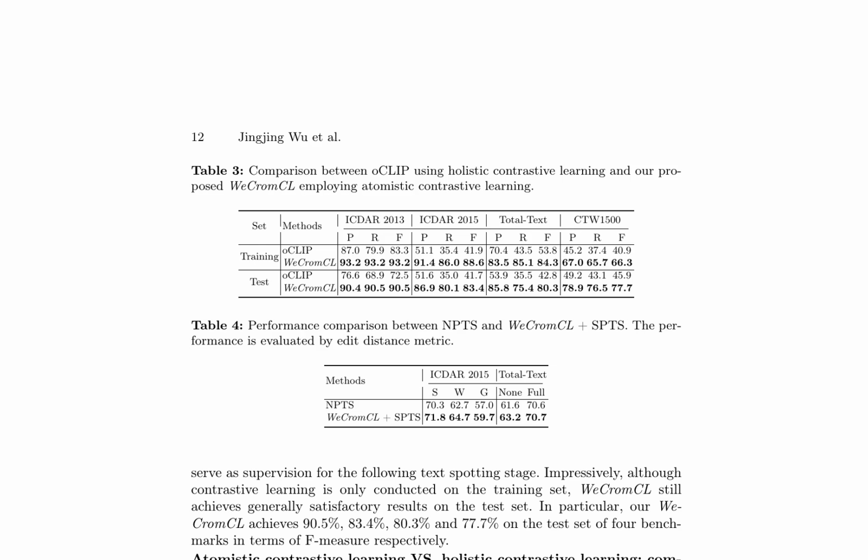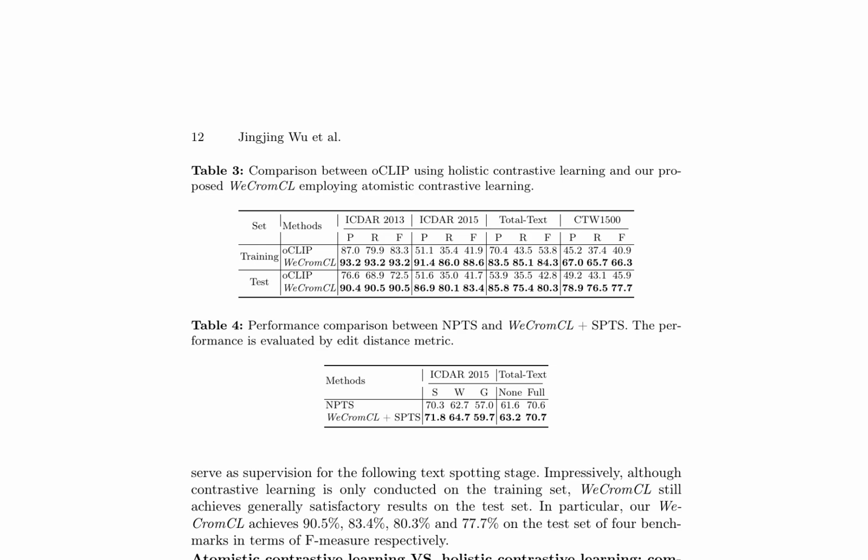Notably, WeCromCL outperforms OCLIP by a significant margin, with F-measure scores of 93.2%, 88.6%, 84.3%, and 66.3% on the training set, and 90.5%, 83.4%, 80.3%, and 77.7% on the test set, respectively.